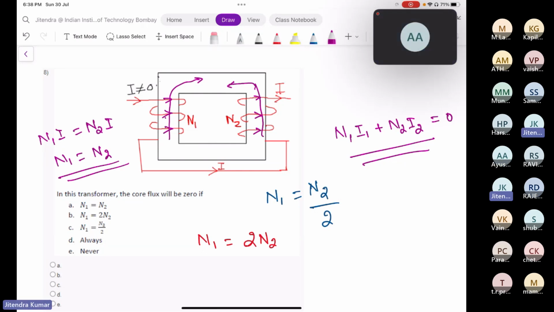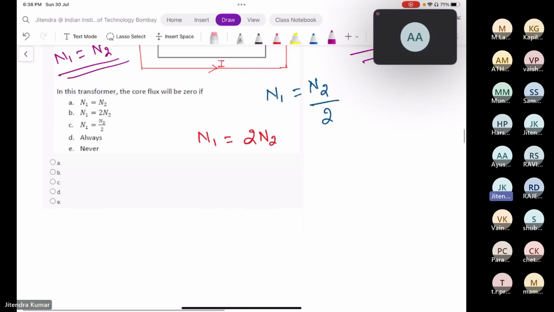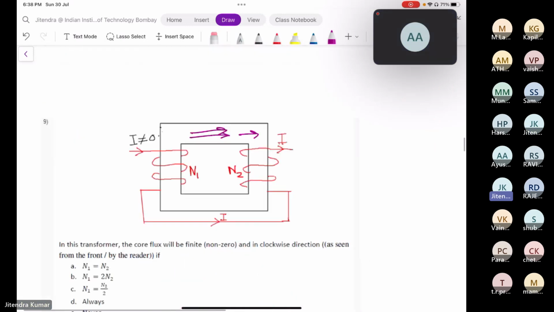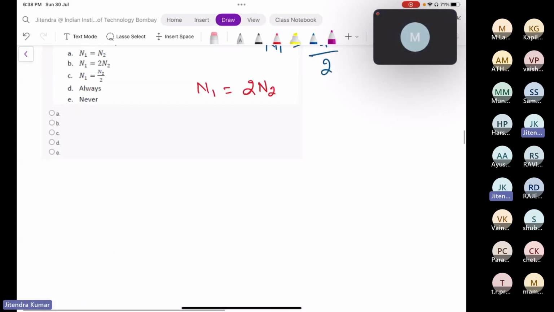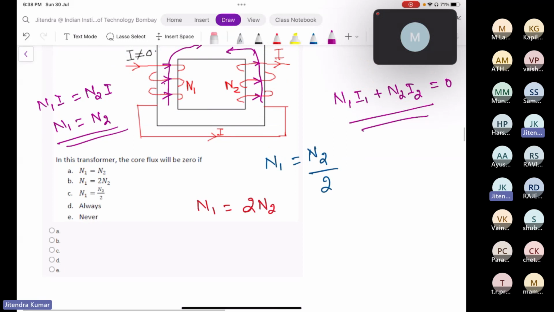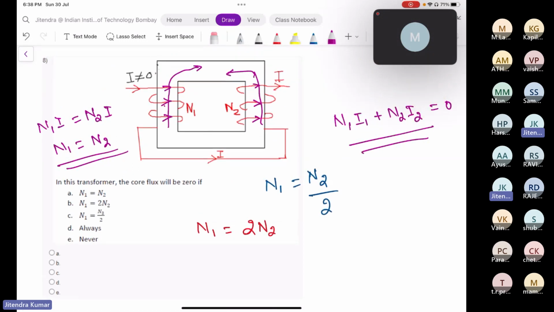Okay, so I hope now you get it. What about the option always? If N1 and N2 had been given with N, then it would be always 0, right?